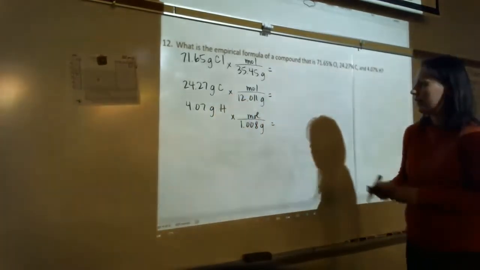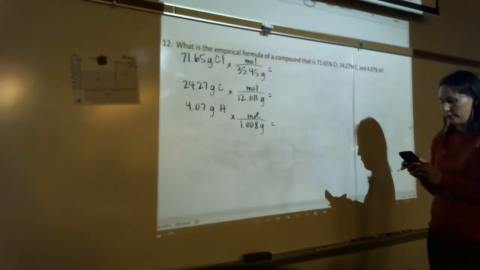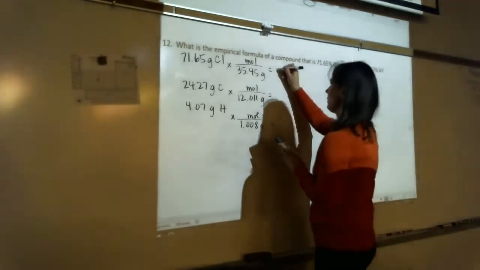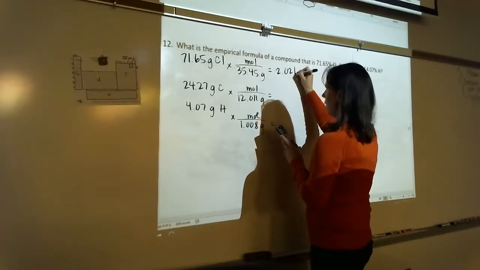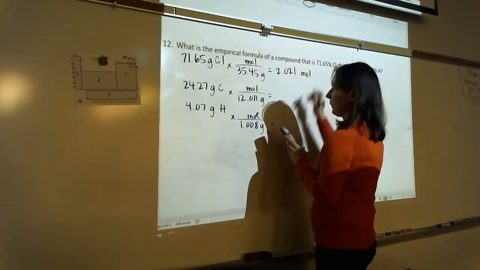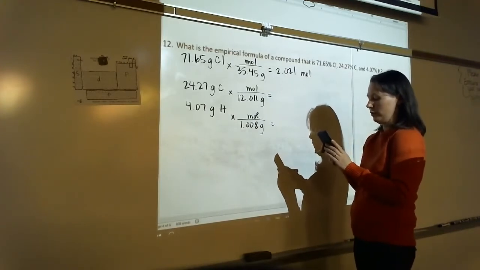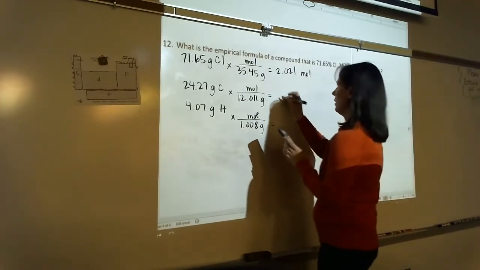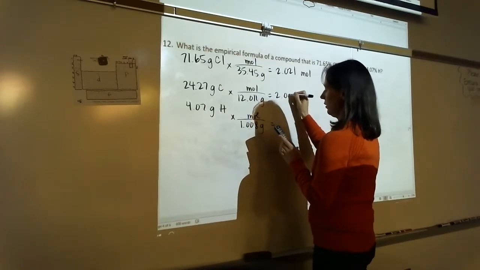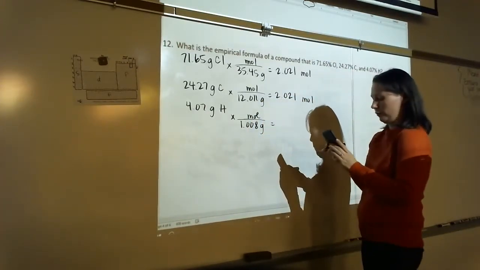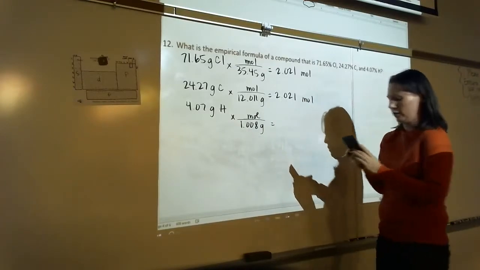So when we do that, 71.65 divided by 35.45. We're going to carry out lots of decimal places. 2.021 moles, 24.27 divided by 12.011 is 2.021, and 4.07 divided by 1.008 is... that's got to be a wrong number.